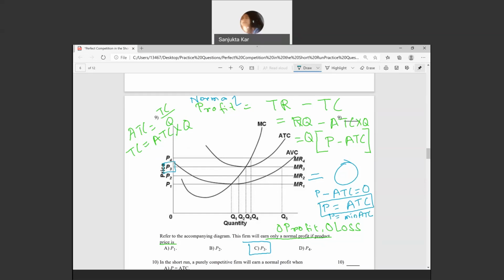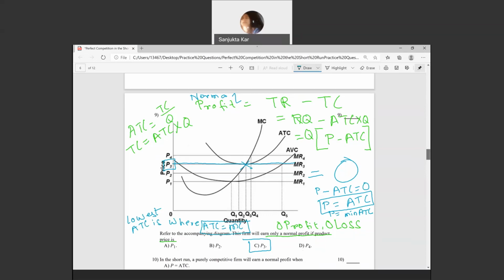So the lowest point of average total cost is where it is hitting the marginal cost line, where average total cost is intersecting the marginal cost line, and this happens at a price of P3. Hope this makes sense.